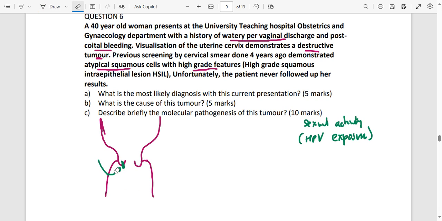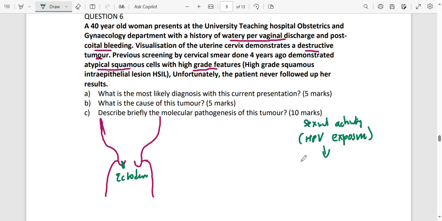So before puberty, the squamocolumnar junction, or the cervical transition zone, is in the ectocervix. Specifically, having early sex, before even reaching puberty for females, is a big factor that can lead to cancer, because, as we said, cancer of the cervix mostly starts from the transition zone. So this sexual activity is going to affect the transition zone.